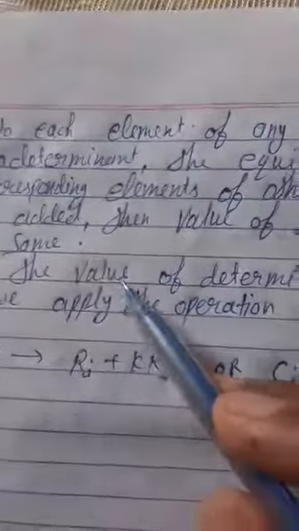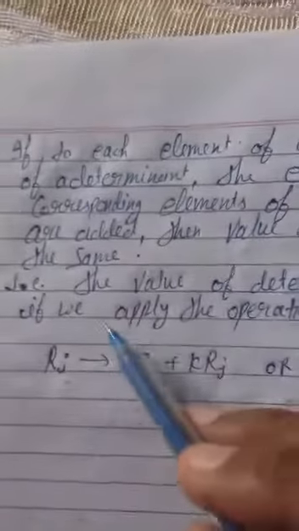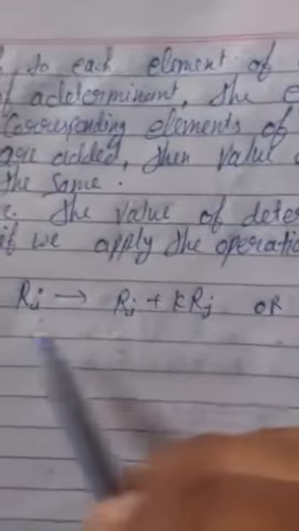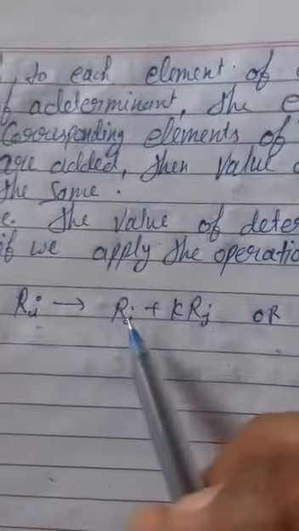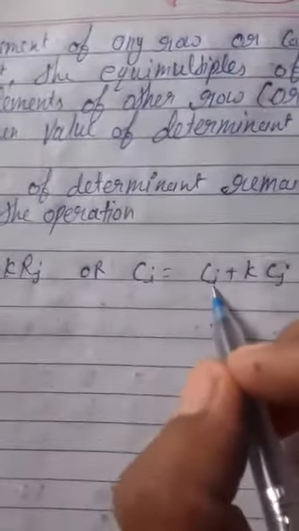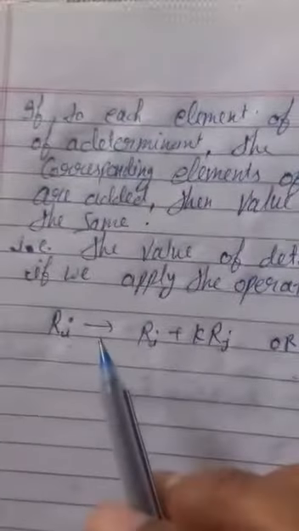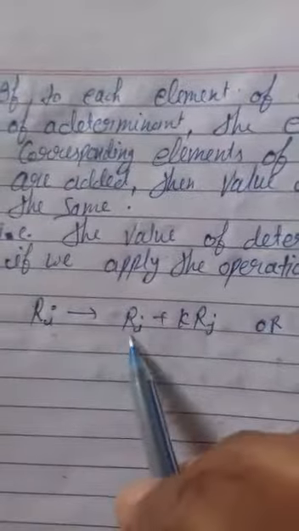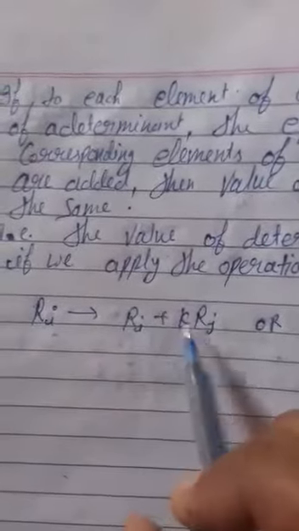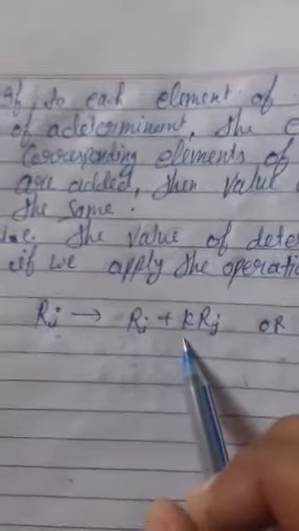That is, the value of the determinant remains the same if we apply the operations Ri equals Ri plus k times Rj, or Ci equals Ci plus k Cj. Means if any row is added to another row k times, then the value of the determinant will be unchanged.